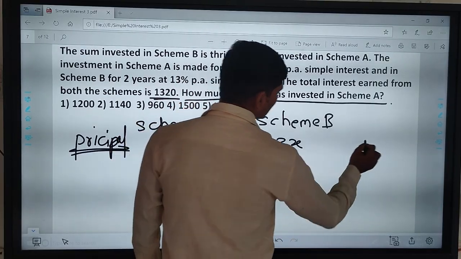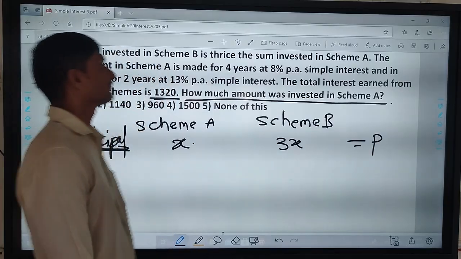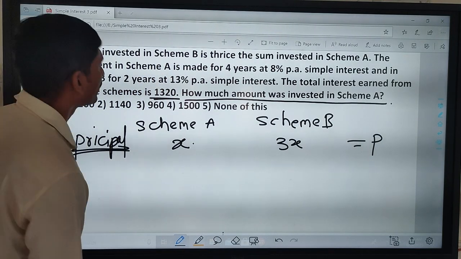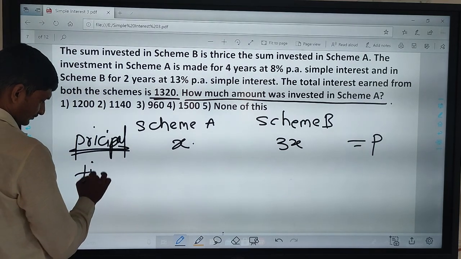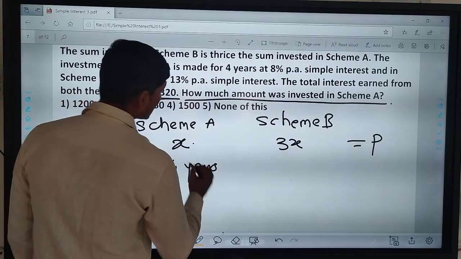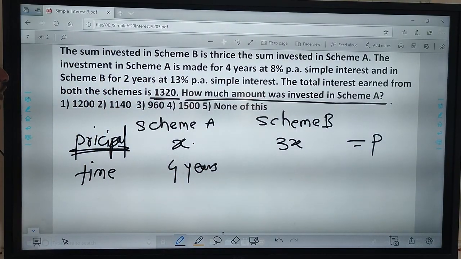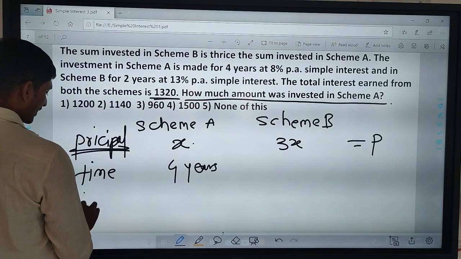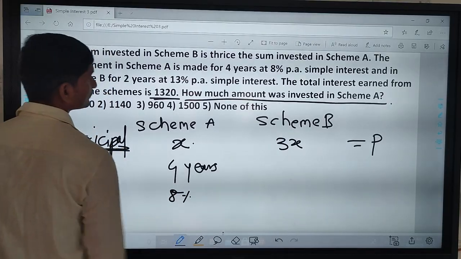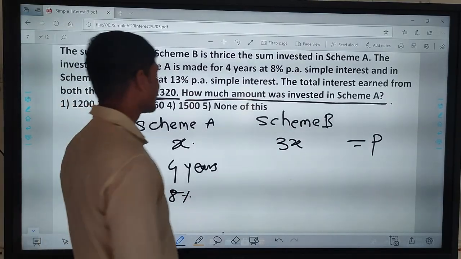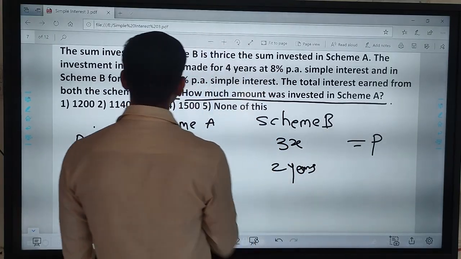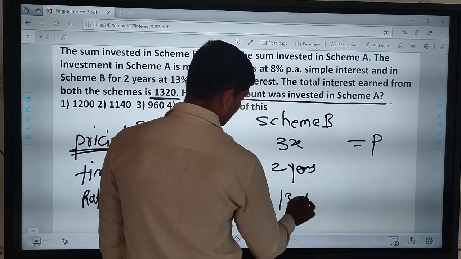This is your principal. The investment in scheme A is made for 4 years, at a rate of 8% per annum. Here B is invested for 2 years and the rate is 13%.